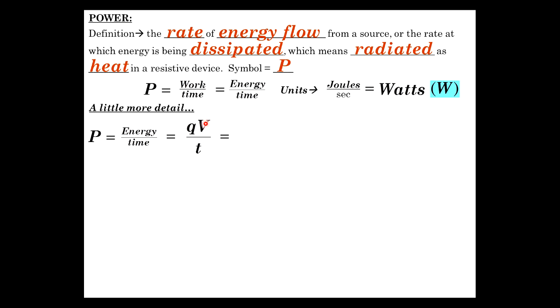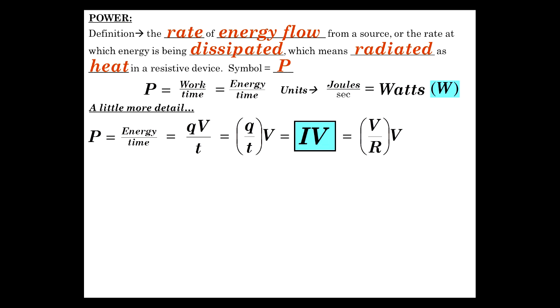So the quantity QV is the energy of the charge Q. Q times the volts. All right. So QV over T. And then we can separate that into Q over T times V, and Q over T is the definition of current. So it's current times volts.